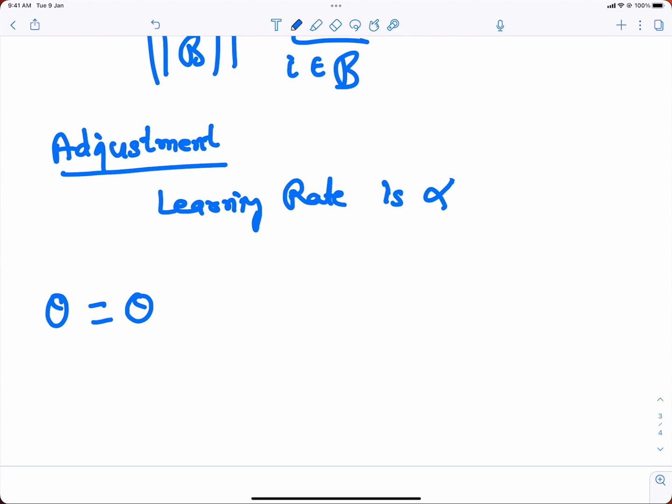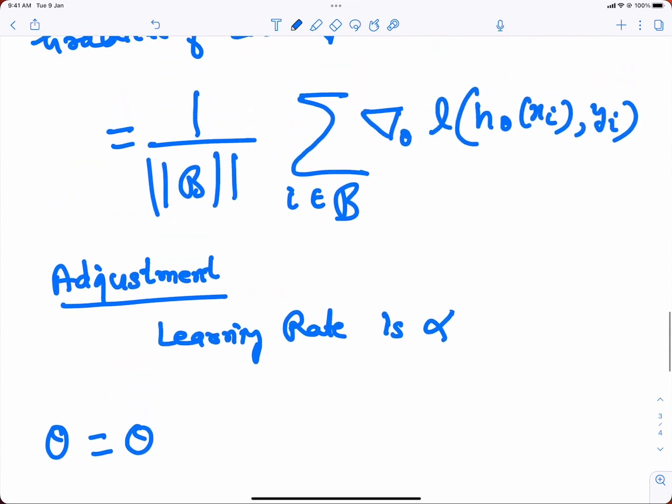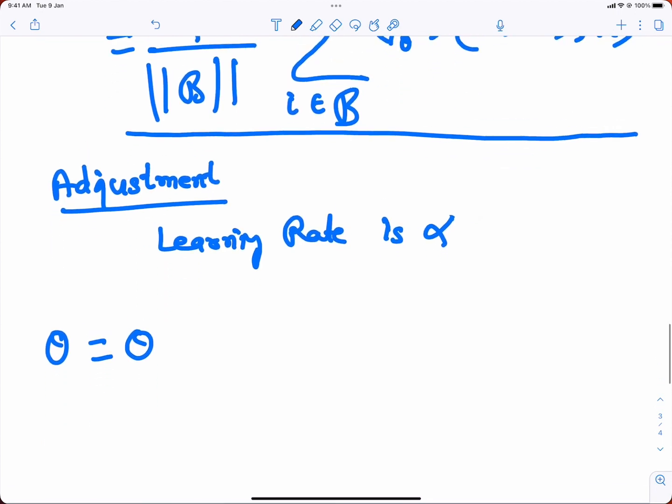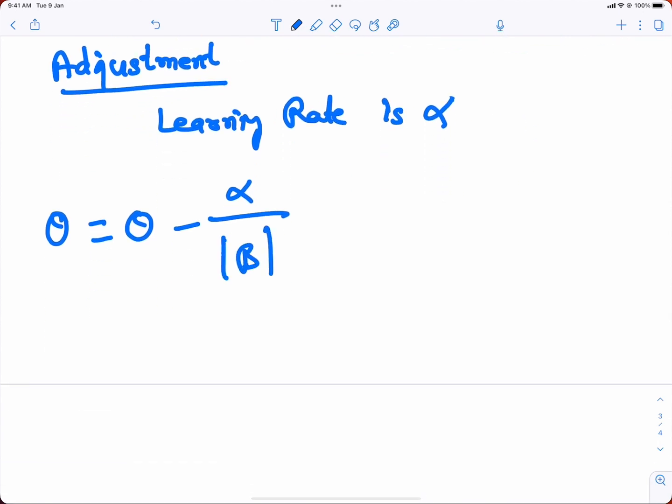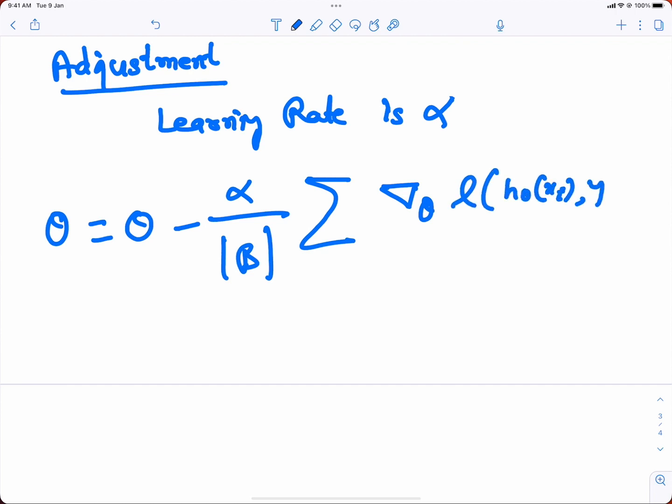So we want to update towards the negative direction of the gradient, and this is the gradient of loss. So we'll multiply this with minus alpha, and add it to theta, or we can say multiply the gradient with negative alpha. So theta is equal to theta minus alpha divided by the batch size, times the total gradient of L of h theta of xi, yi, where i belongs to the batch.